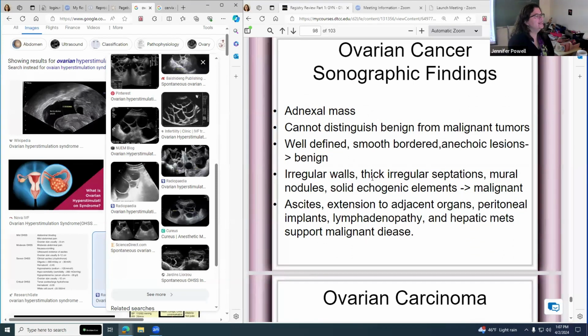Irregular walls, thick internal septations, mural nodules, solid echogenic elements, that is malignant. Ascites, extension to adjacent organs, peritoneal implants, lymphadenopathy, and hepatic mets all support malignant disease.